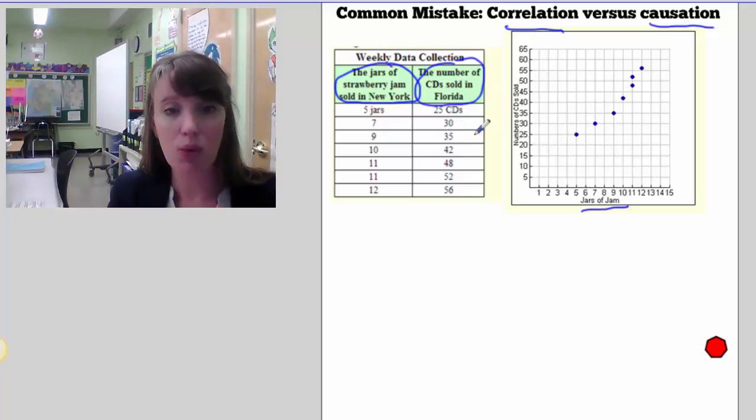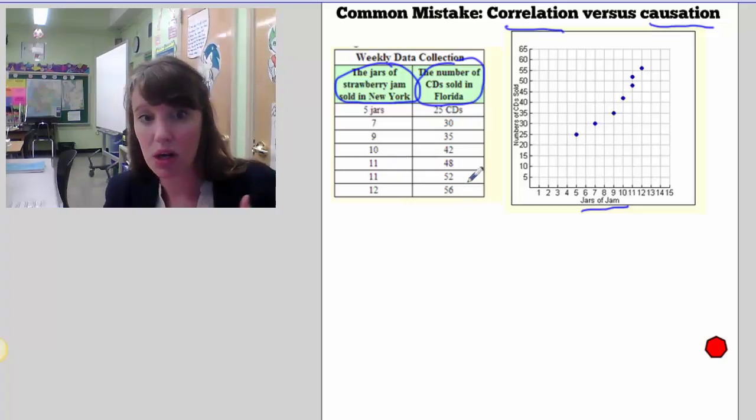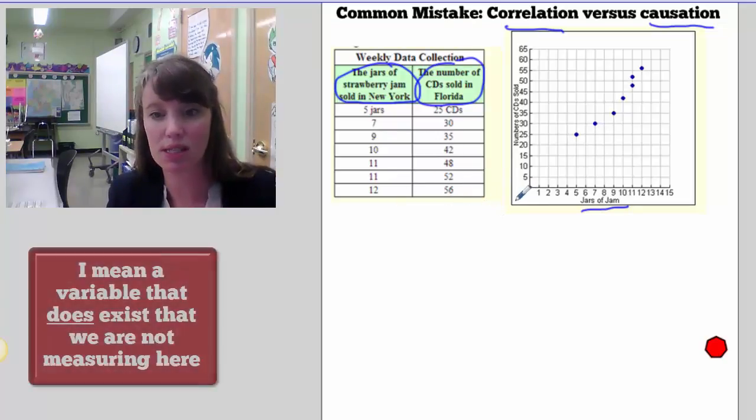As we begin to get weather where people are out and about and buying more stuff, it may be that New York sees an increase in sales of every item, and Florida also sees an increase in sales. So maybe temperature has something to do with both of these variables, making people buy more in general. But it doesn't mean that these two things relate to each other or that one causes the other. There might be a variable that we're not seeing here.